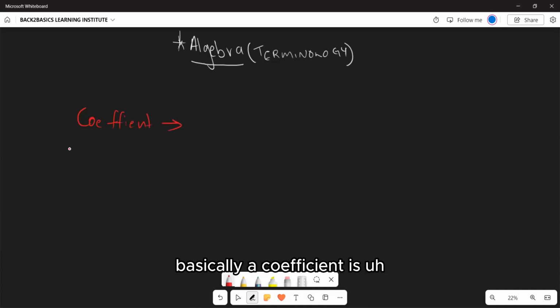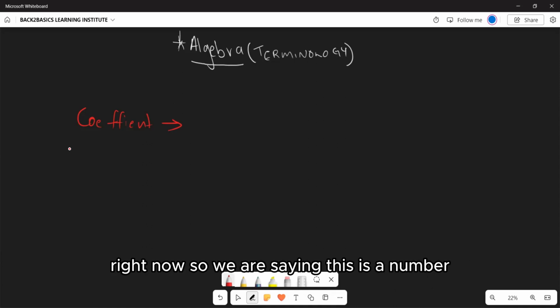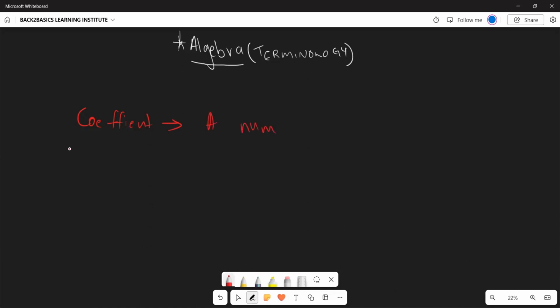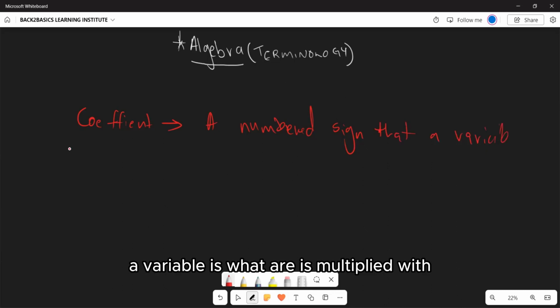Basically, a coefficient is the number side that a variable is multiplied by, right?